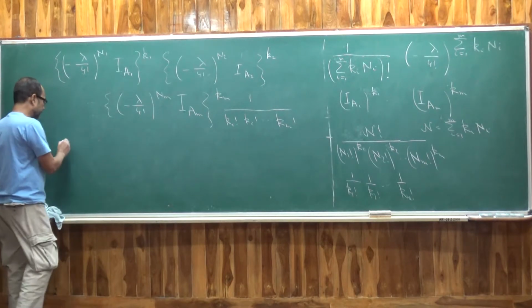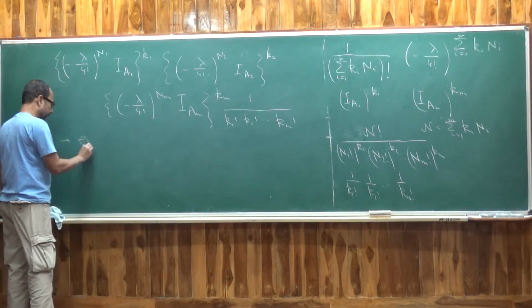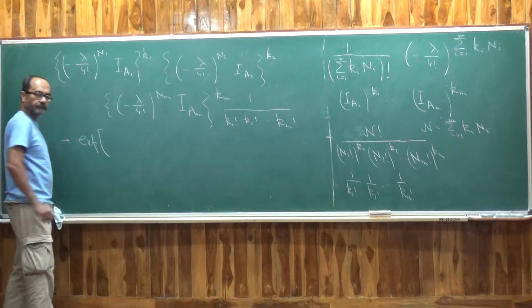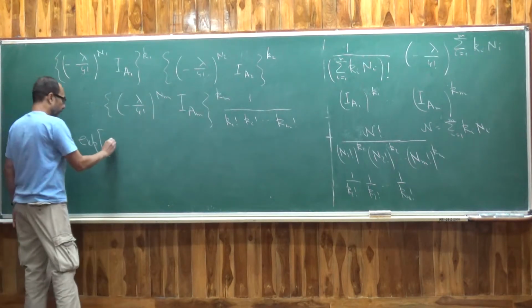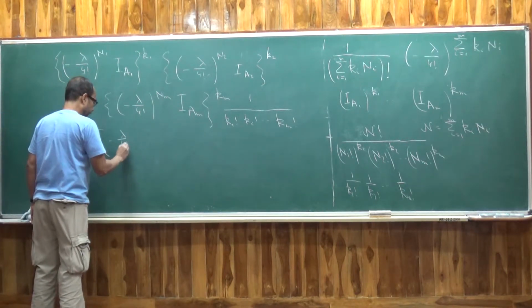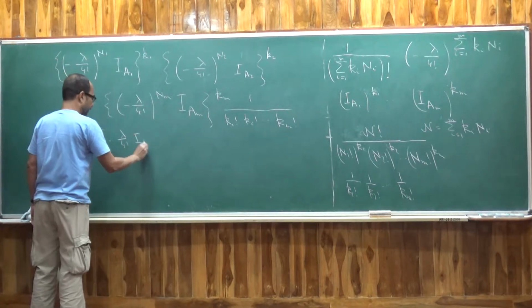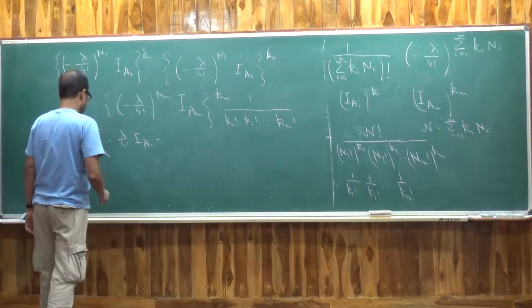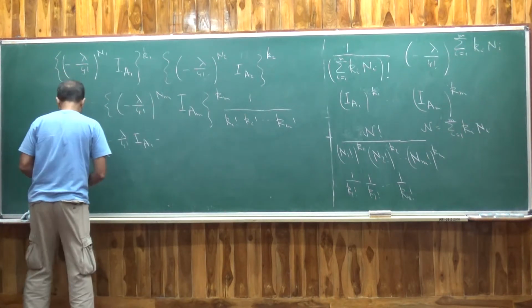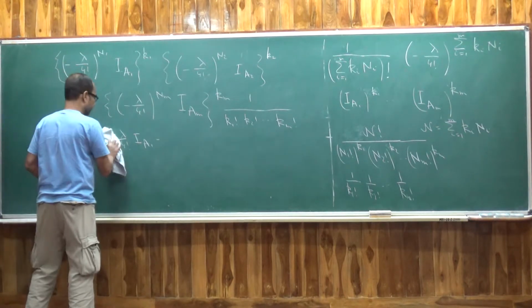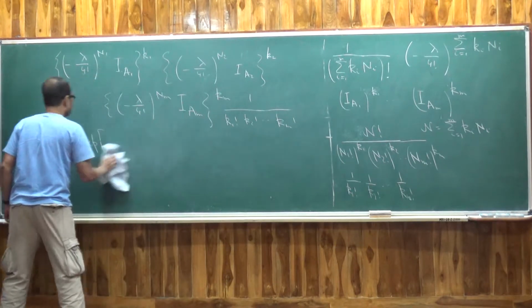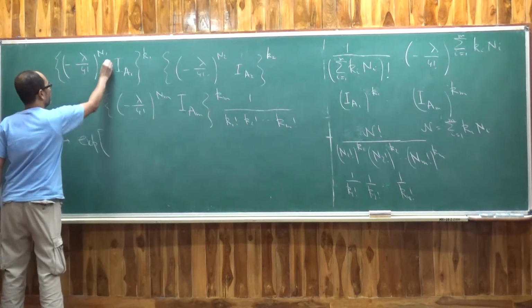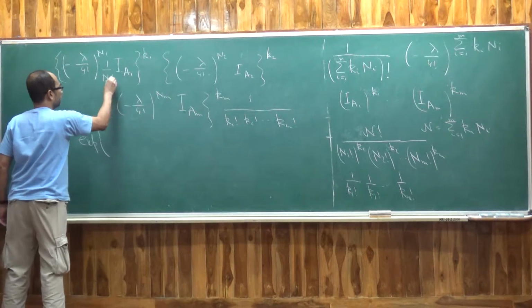And now you can check that this is exactly what you get if we take the exponential of minus lambda over 4 factorial times I a1, minus lambda over... I think I missed out some things. This should be multiplied by 1 over n1 factorial, right?